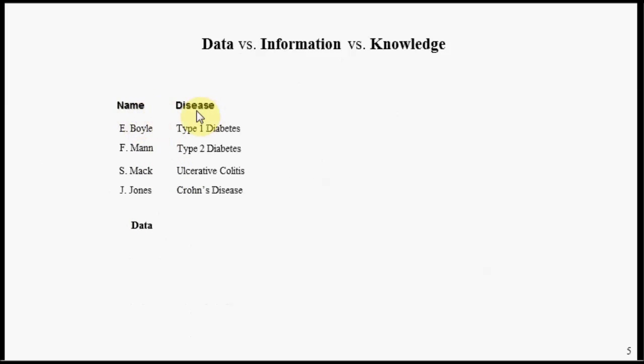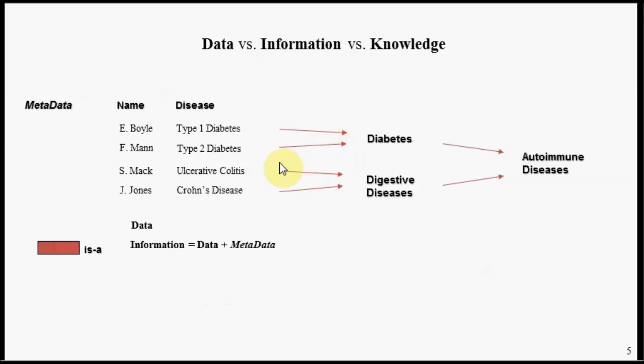Now, if I add column headers here, these column headers are what are known as metadata. And so what we get is data plus metadata is our definition of information. Well, what if I put an overlay here, the following? We see type 1 and type 2 diabetes are specializations of this more general category of diabetes.